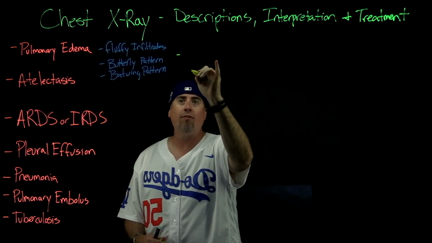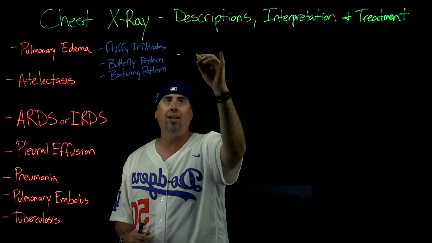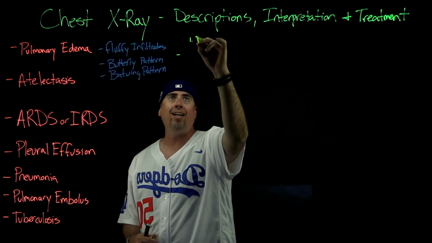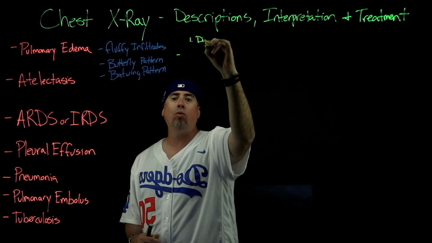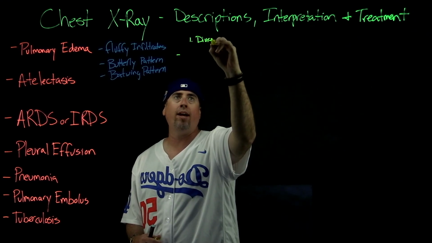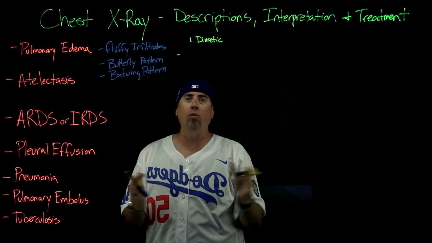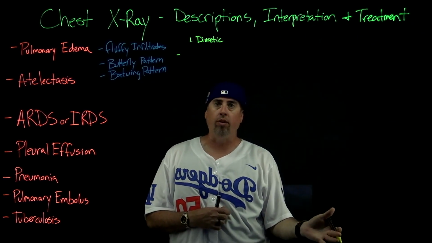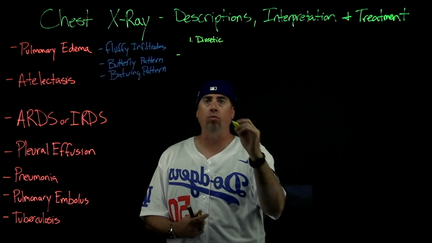Our treatment for pulmonary edema is 1 or 2 things. Number 1 is diuretics, guys. And what is that? Basically, to eliminate water or fluid by urination, so we give a diuretic.